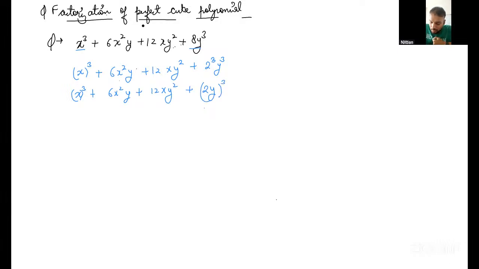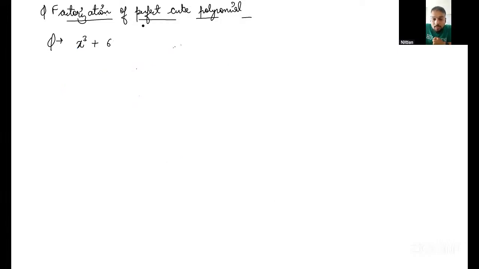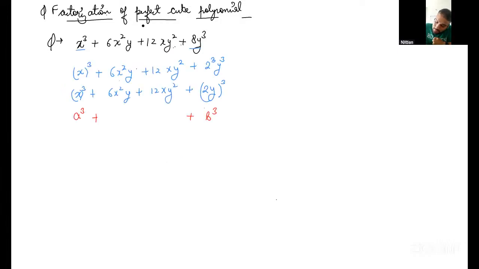Now, in this, I can see this is A cube and this is B cube. Yes or no? And the middle part is like 3A square B plus 3B square A. If you compare, A is equal to x and B is equal to 2y.